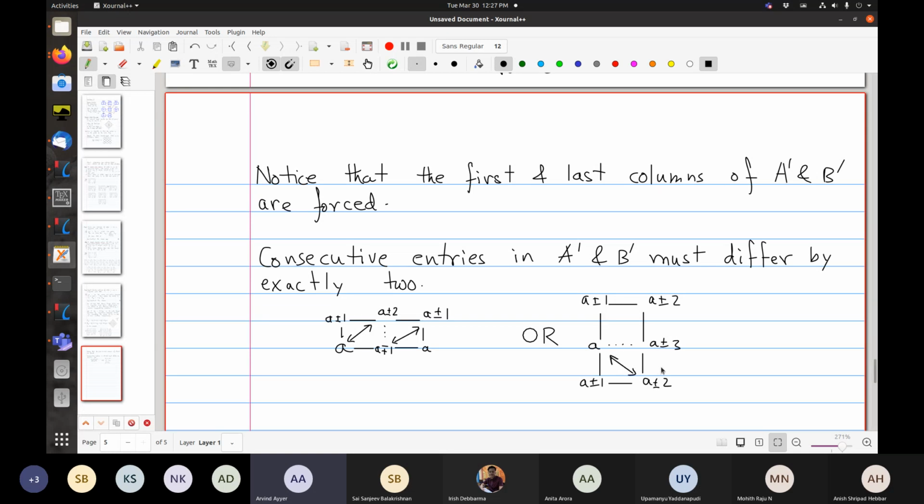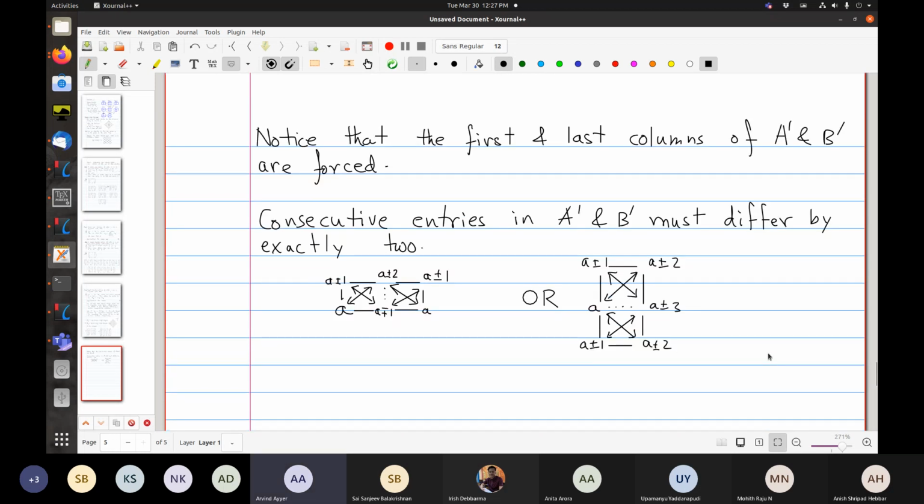Oh, sorry, not this way, but this way. Well, actually both ways. Yeah, I should have illustrated that. One is horizontal, one. Okay. Difference is always okay.